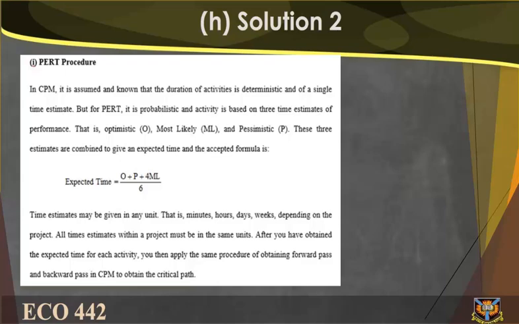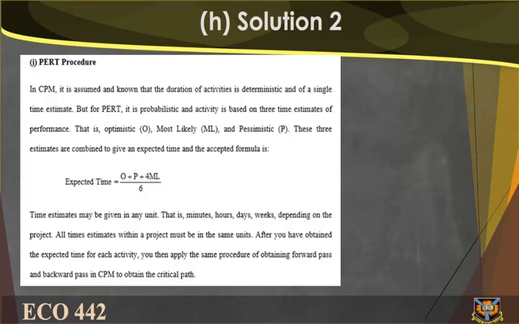That is, optimistic O, most likely ML, and pessimistic P. These 3 estimates are combined to give an expected time, and the accepted formula is expected time equals O plus P plus 4 ML over 6.